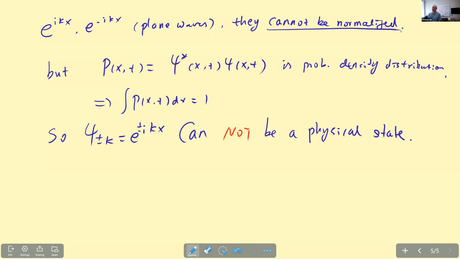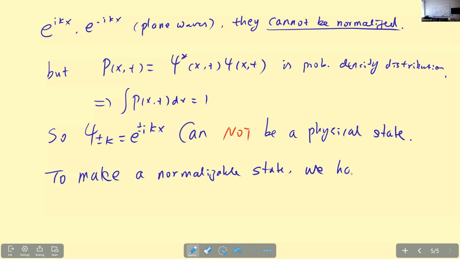And then you can ask, what was the point of finding these eigenstates? But actually, to make a normalizable state, we have to form a wave packet.